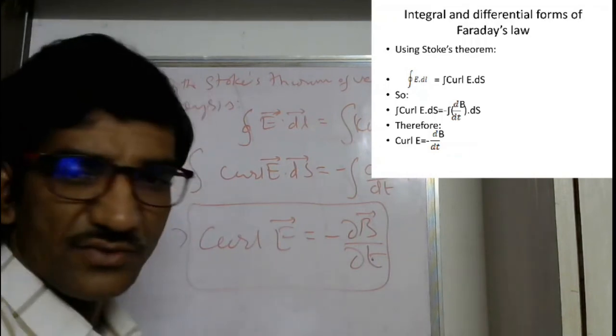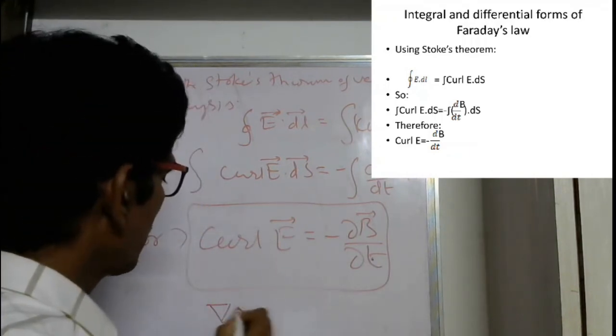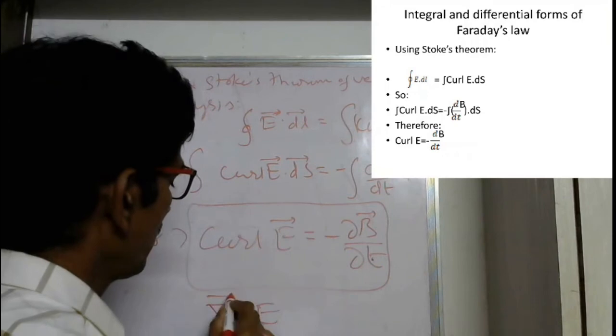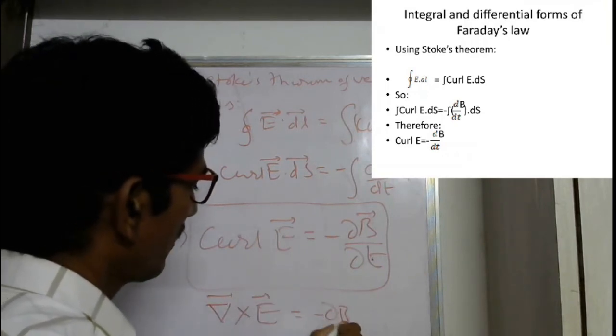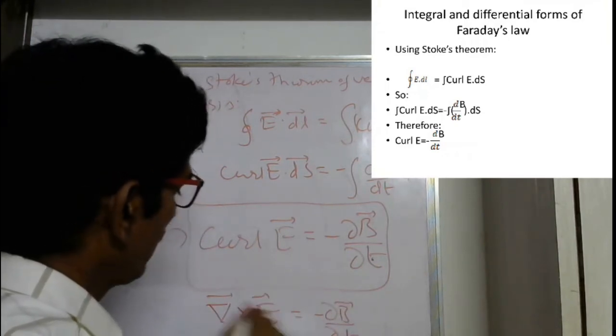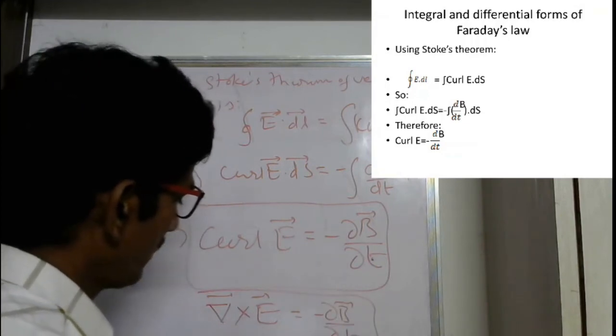What is the definition of curl E? Otherwise, you may write this as del cross E is equal to minus of dou B by dou t.